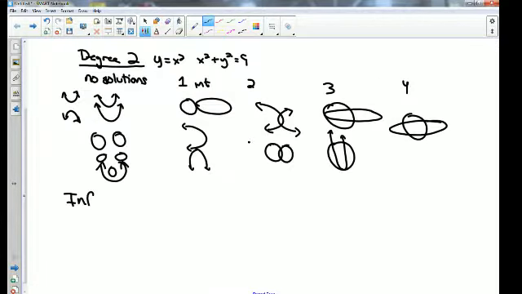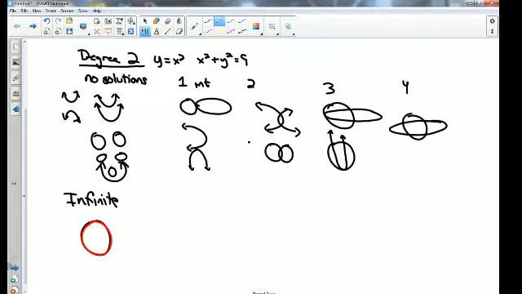Can this happen? Yeah, absolutely. A parabola on a parabola, you get the same curve. A circle on the same circle, right? Okay, all right, so those are kind of what we're looking at.